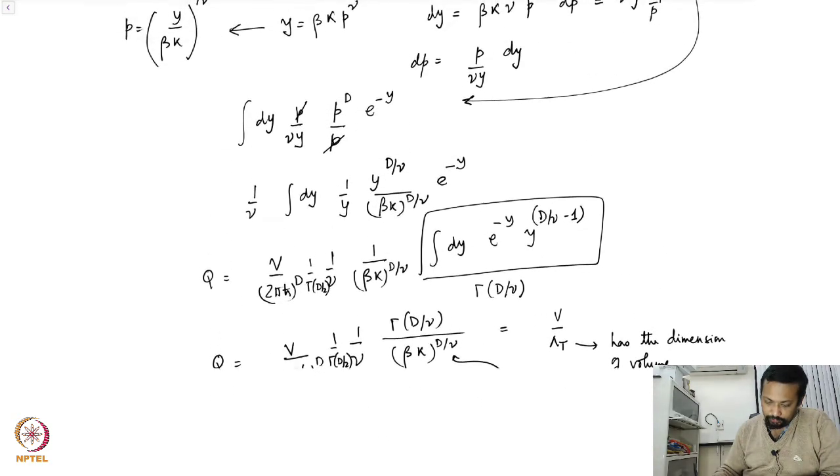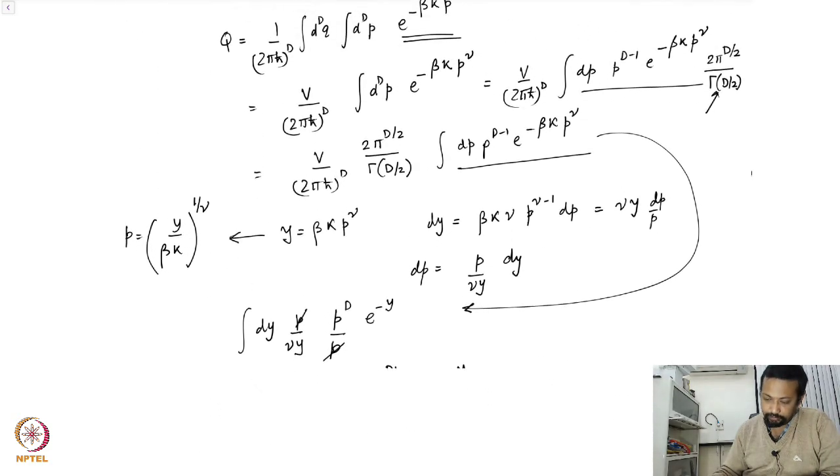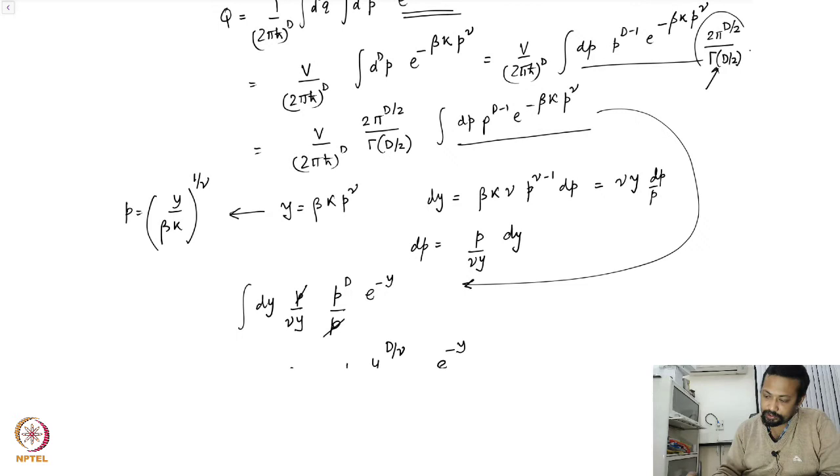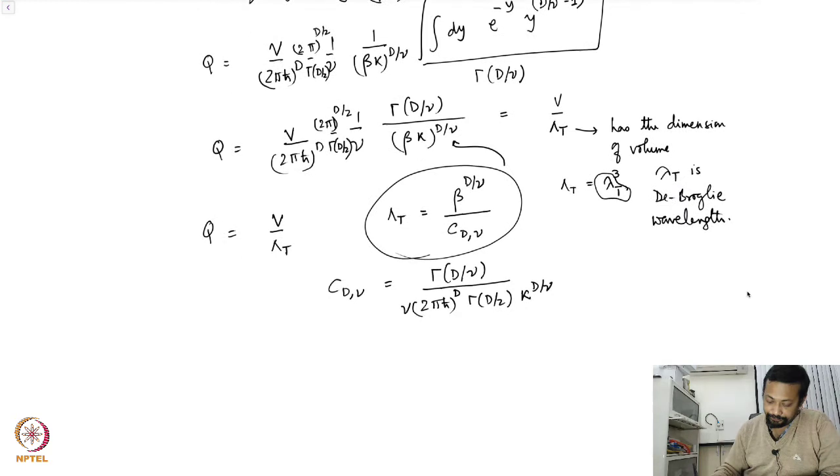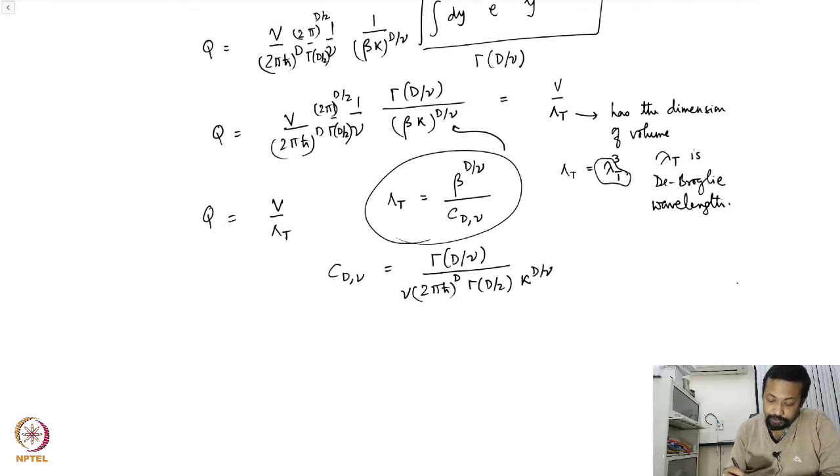So let's see whether we have the right expression and everything. This is the term which is the angular integral, and I think we have missed out 2 pi raised to the power d by 2. So there is a 2 pi raised to the power d by 2 sitting over here.